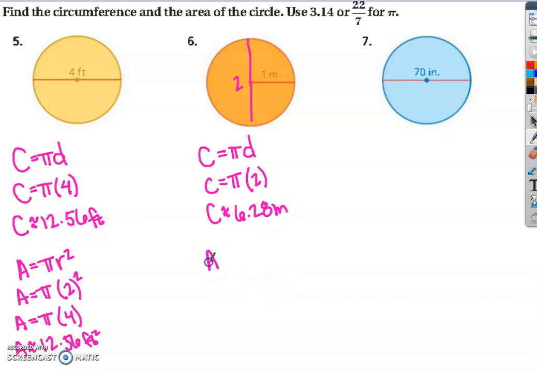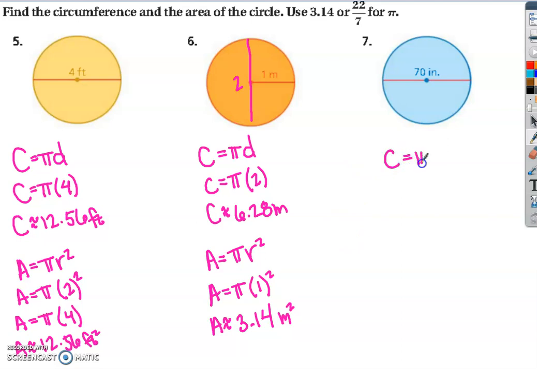Next is area. A equals pi r squared. Substitute in that value of r, which is 1. Evaluate exponents. 1 squared is still 1, and 1 times pi, or 3.14, is 3.14 meters squared. Let's keep going.